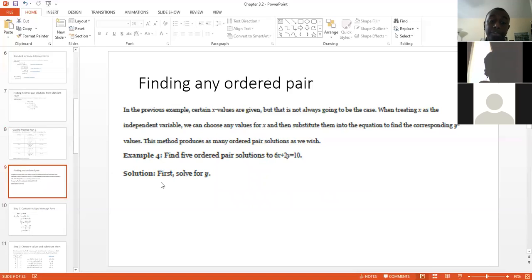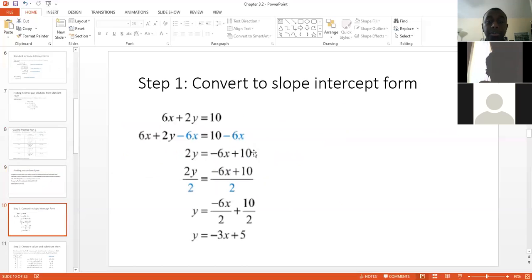So the first thing we need to do is solve for y. We need to isolate y by converting it into slope-intercept form. We use the subtraction property of equality to bring negative 6x to the right side and isolate the y variable term. 2y equals negative 6x plus 10. So we want to isolate the variable y, so we get rid of 2.